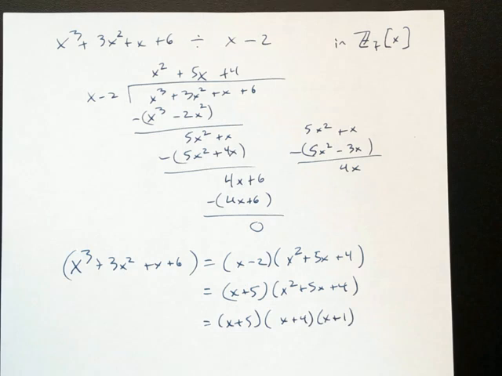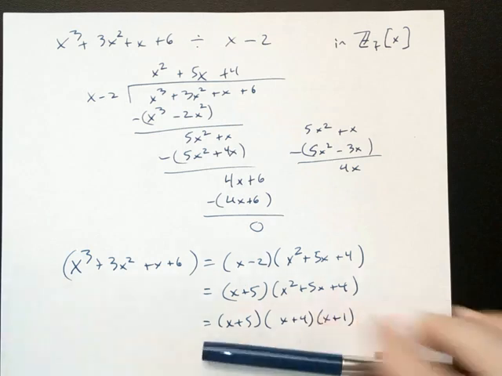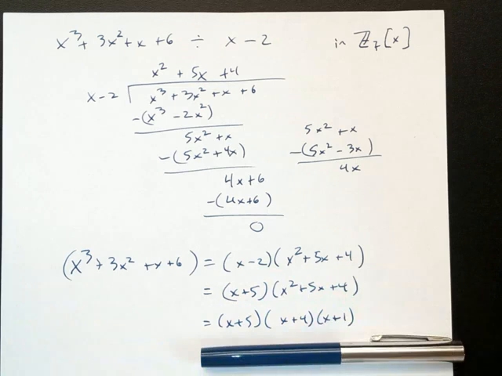But having gotten from here to here, what does this factored version tell me? What information do I glean from the factored version? Oh, come on, people. This is a regular algebra question, not an abstract algebra question.